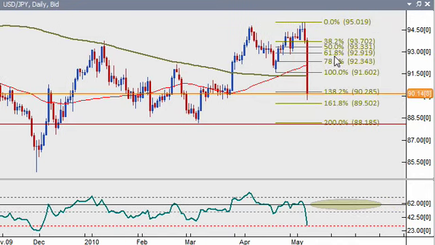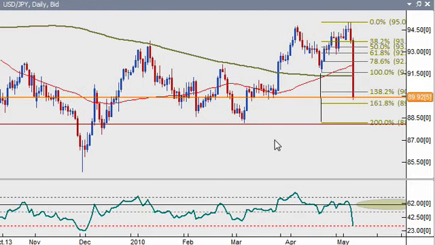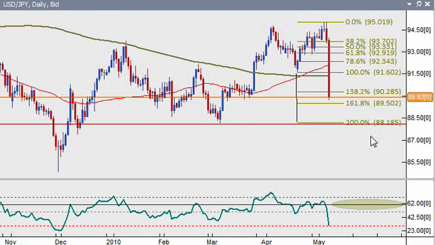Really, when you have a double top breakdown like this, one thing you can do for a minimal pattern projection is to simply take the height of this double top projected down here, and this is your 100% projection of this slide here. So you have another slide. So when the market tests 88, 88.20, look to see if the market could find support there.